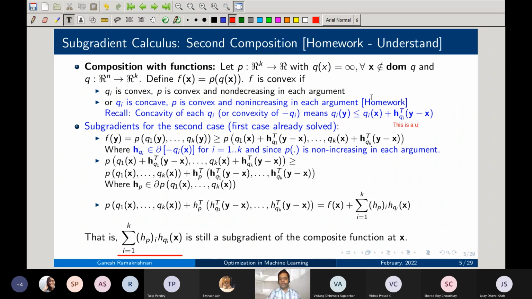This is a supergradient of a concave function; it gives an upper bound. Okay, any other question on this? Otherwise, I'll proceed.